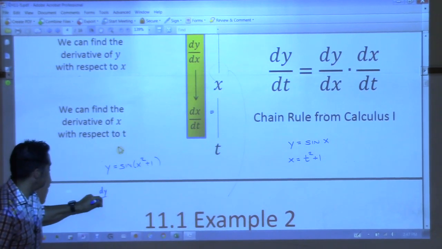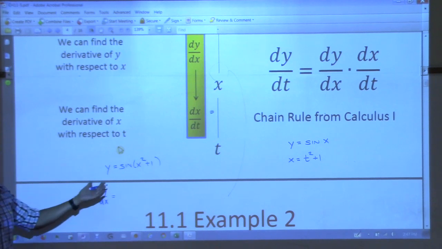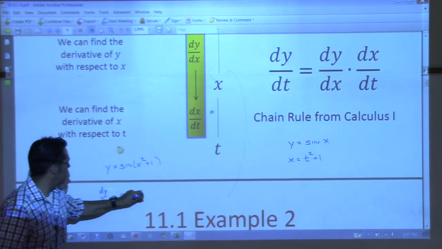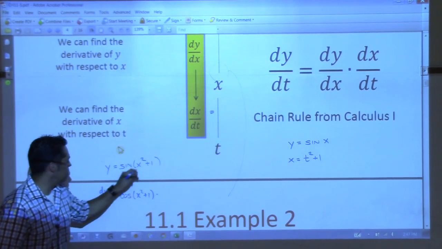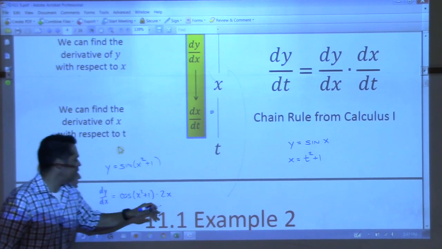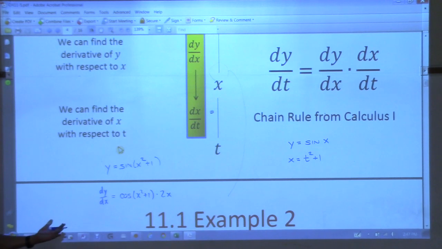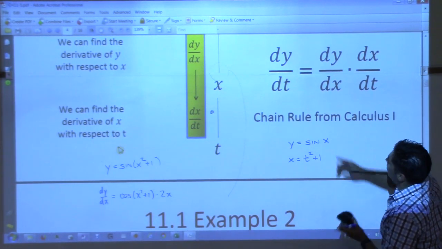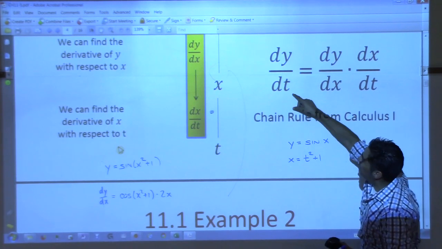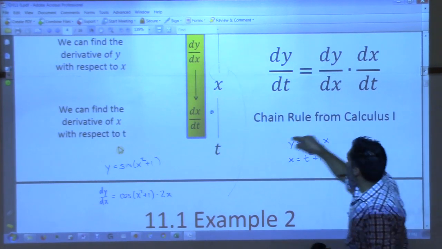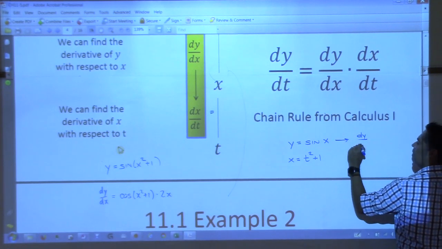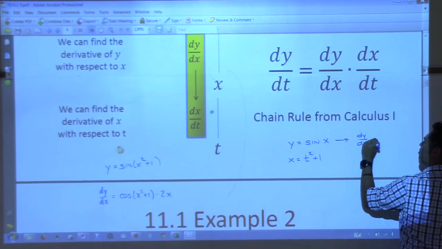What's dy dx here? So just use your standard chain rule here. Cosine x squared plus 1 times derivative of what's inside, 2x, right? So that's the derivative. Chain rule says here what we could do is we could first, to find dy dt, which would be all the way through, we could do the derivative of this with respect to x first, which is what?